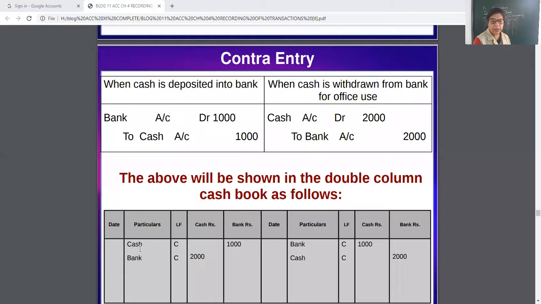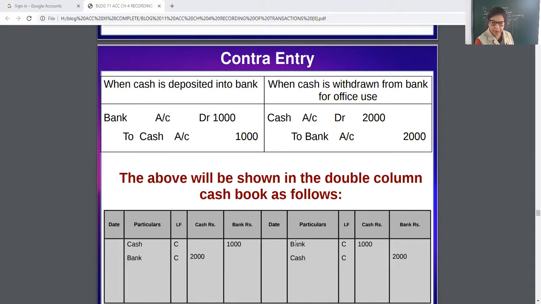Now I am giving you another important thing. While you are writing cash, you will enter the amount in the bank column. And when you are writing bank, you will write the amount in the cash column. Why? Because the amount is contra. Contra means both the sides. See here, again example.